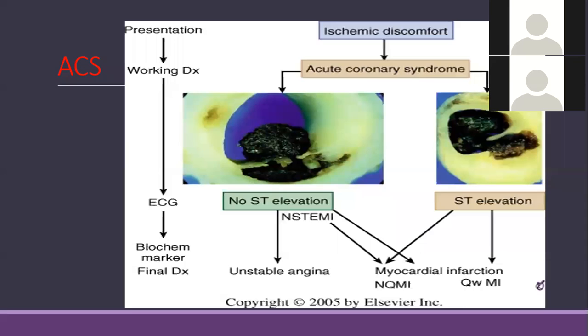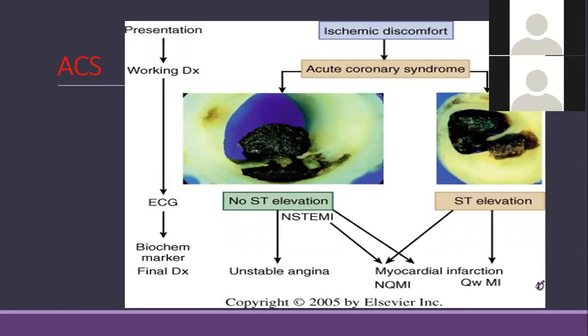From here, the treatment will start in both groups. As we talked about in our last lecture, the ST elevation MI patient will be managed on one line, and the patient whose ECG doesn't show any ST elevation will be managed on the other line.